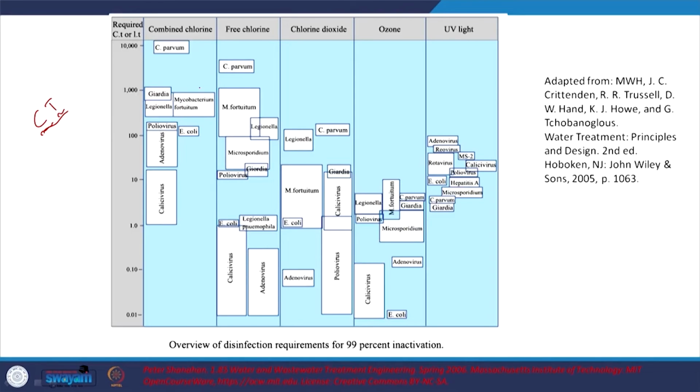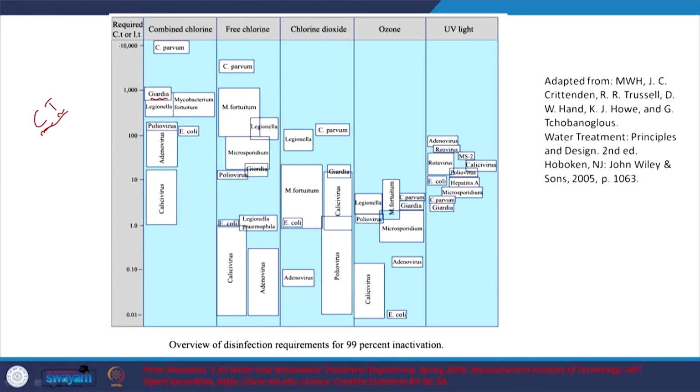So for combined chlorine, you see that with respect to a range of viruses, it is doing fine. But with respect to, let us say, Giardia, and there is something else that should be missing out here, so I will come back to that. There are some kinds of pathogens that lead to diarrheal diseases, a major cause of deaths in India.